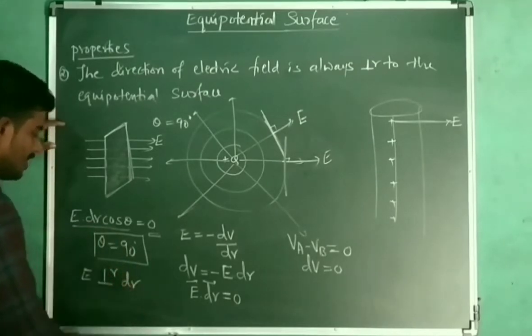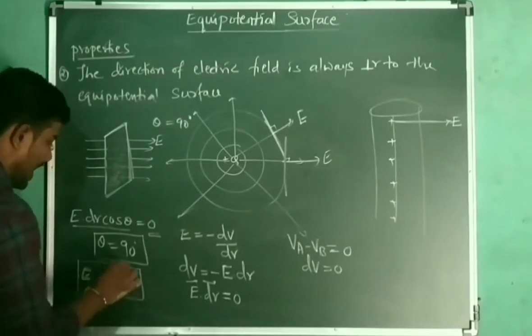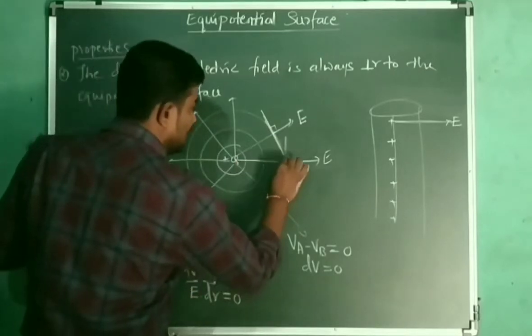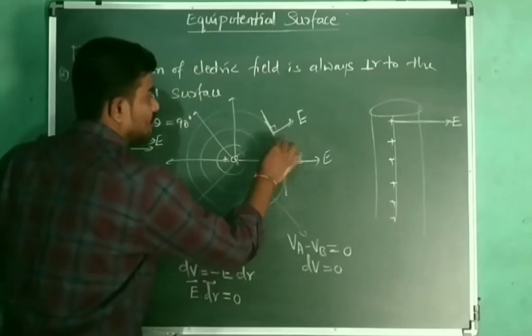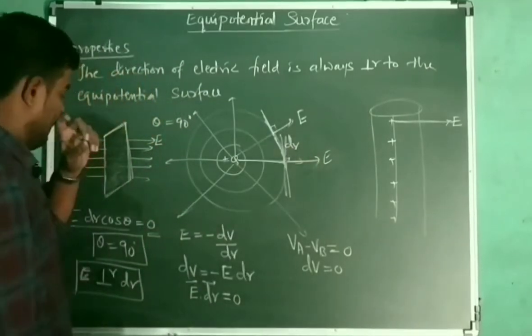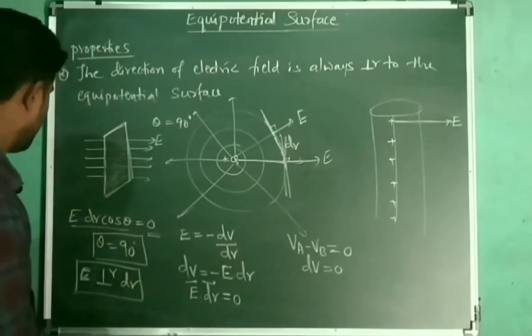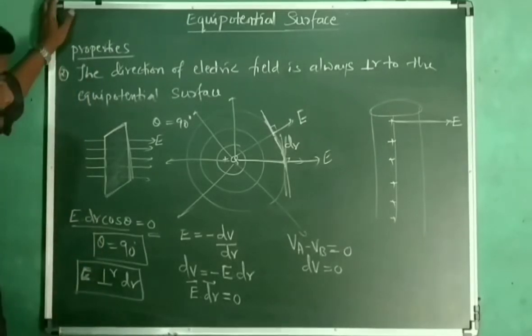E and dr are perpendicular to each other, where E is electric field and dr is what? Distance. This is distance actually, dr. So this is a very important property. Second property.